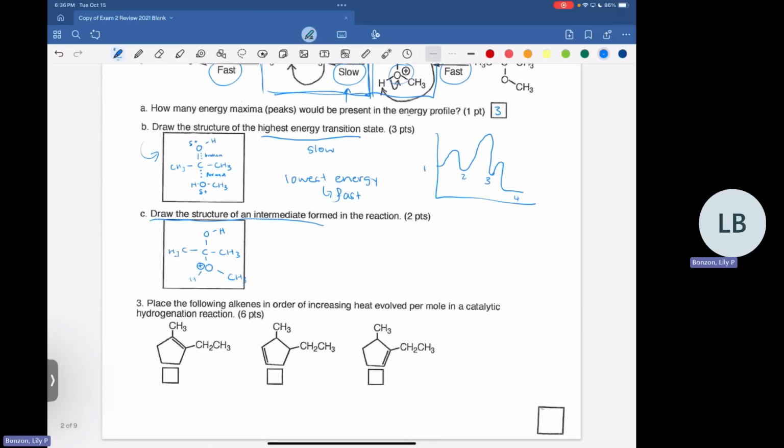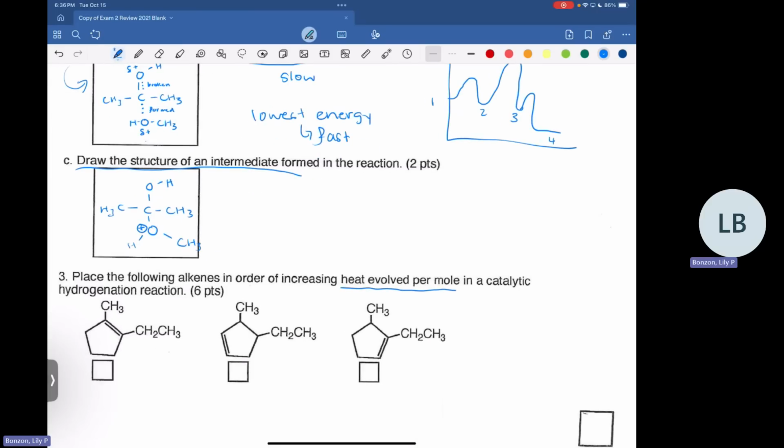So now we're looking at heat evolved per mole in a catalytic hydrogenation reaction. And that just means we're adding hydrogens. And so for the heat evolved per mole, for more stable alkenes, we get less heat because they're more stable and they require less energy.